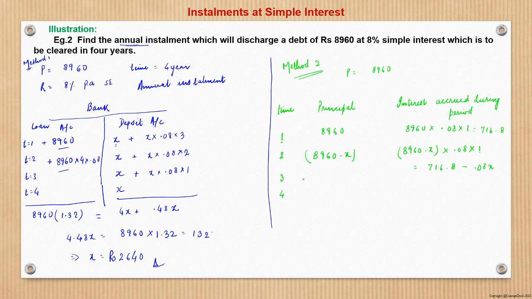Then during third year, the principal will be 8960 minus 2x, because at the end of second year, another x amount is being deposited as an installment. So 8960 minus 2x into 0.08 will be the interest during third year, which will be 716.8 minus 1.6x.